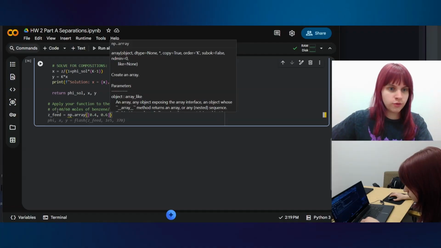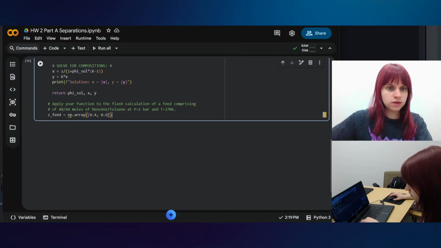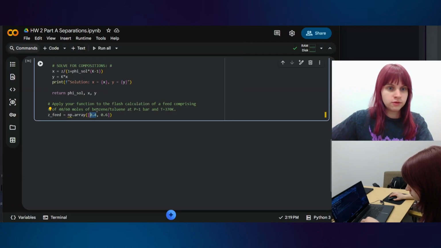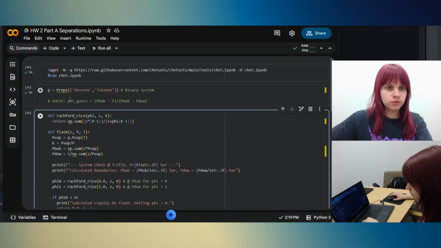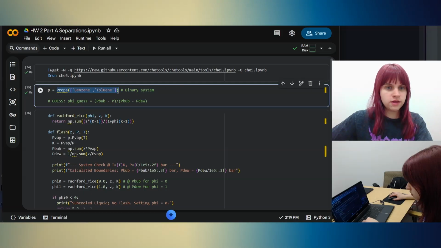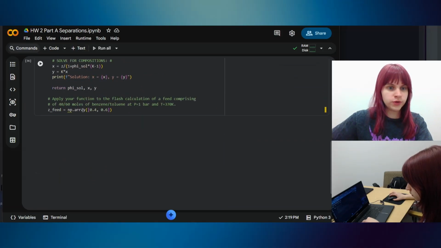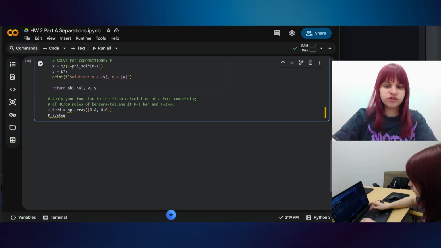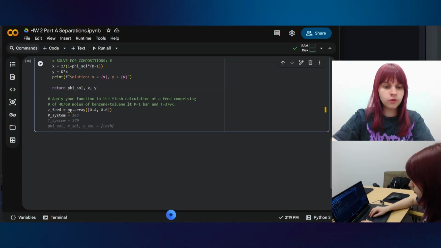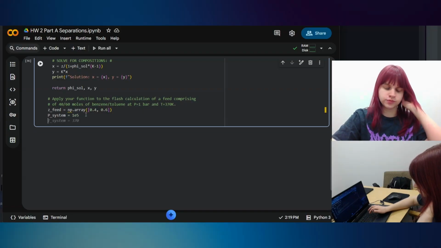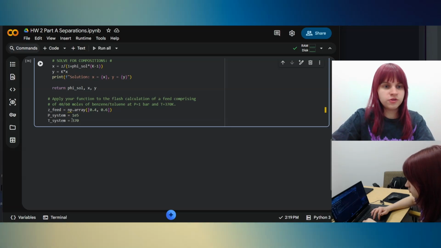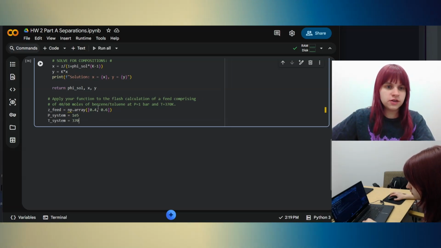That is what this 40-60 moles means. We have 40 benzene and 60 toluene, and again we had these properties pulled earlier. The system pressure is 1 bar, so we need to do 1e to the 5 so that it's in the correct units. The temperature of our system is 370 Kelvin.